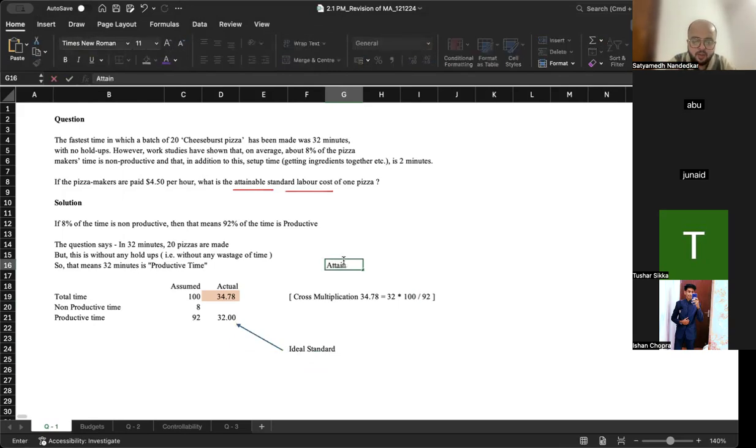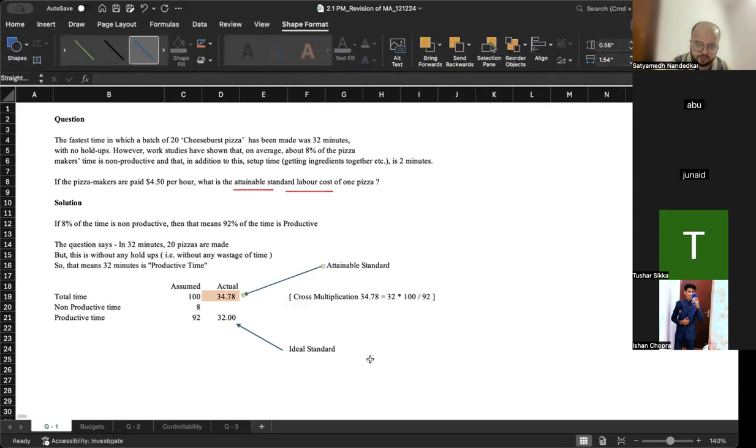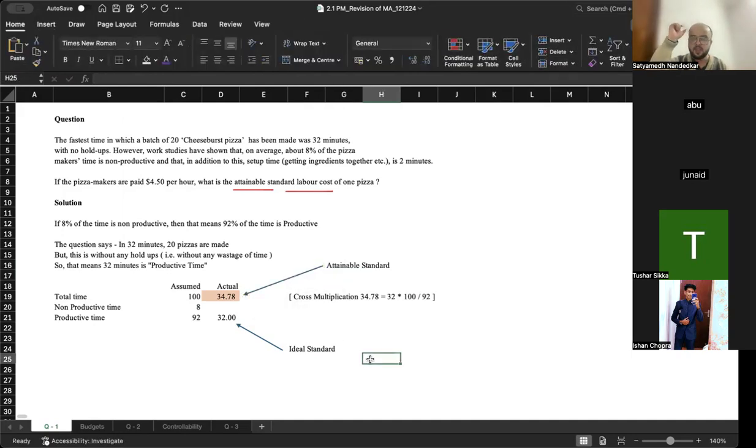There is nothing you can do to change it. So this is attainable standard. How does this work? Attainable standard 34.78 because after allowing for regular time pass, gossip, and all of that, the time is 34.78.